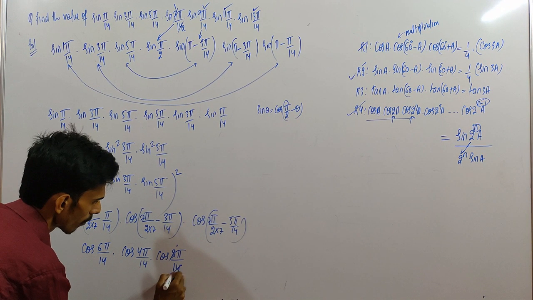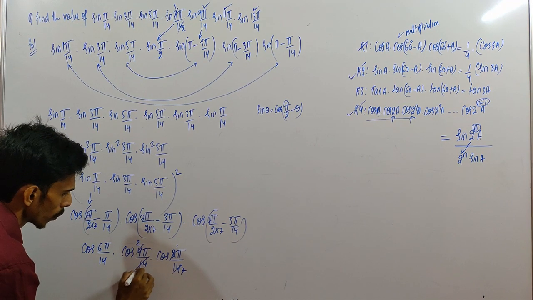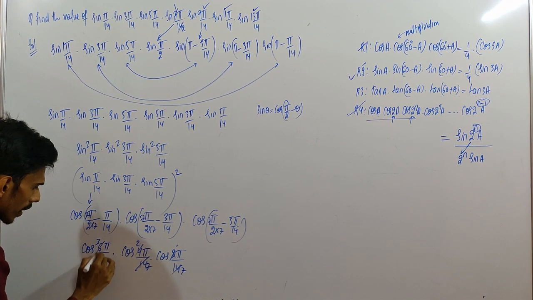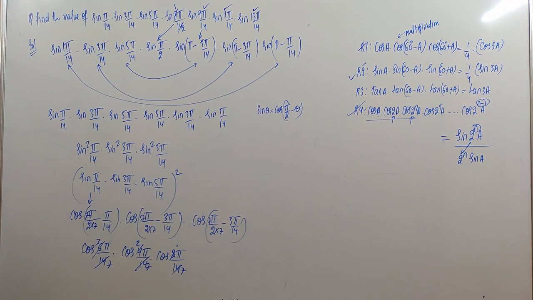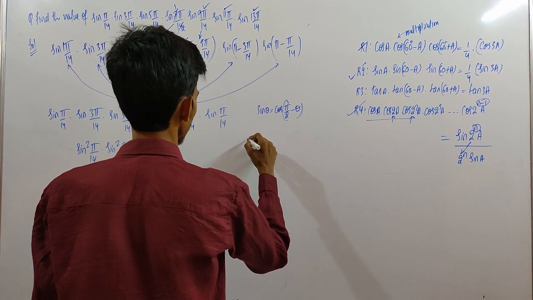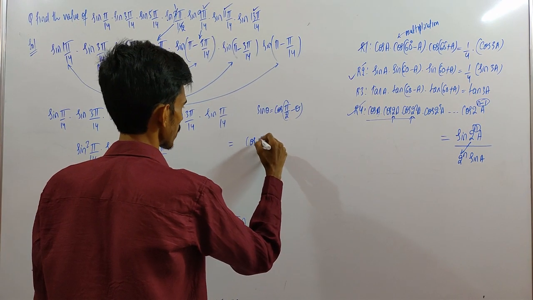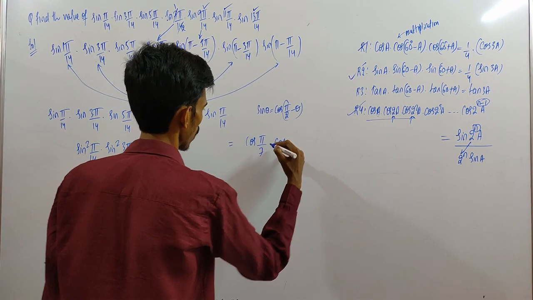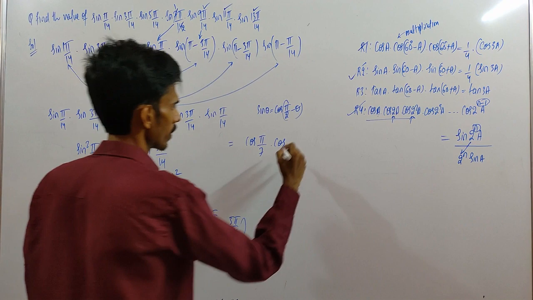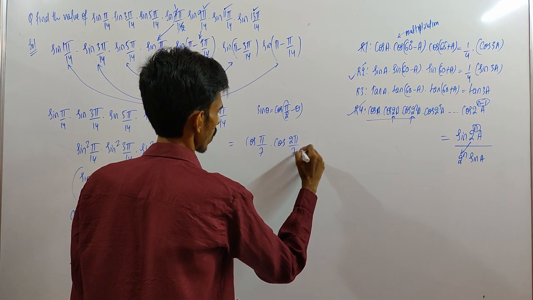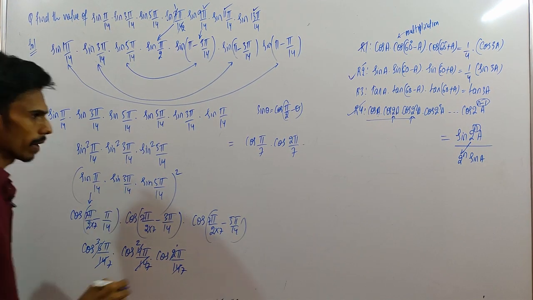Now this will become 1 by 7, 2 by 7 and we have 3 by 7. Write down first term. Write down this cos pi by 7 into cos 2 pi by 7 into cos 3 pi by 7.